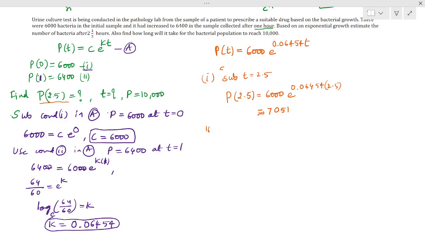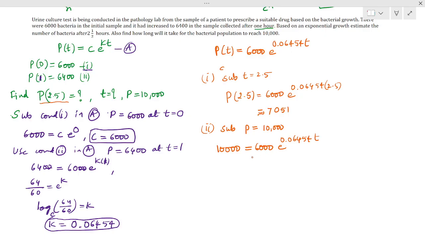Similarly, second one, how long will it take for the bacteria population to reach 10,000? For that, we can substitute P is equal to 10,000 in the population model. So it will become 10,000 is equal to 6,000 into e raised to 0.06454 t.